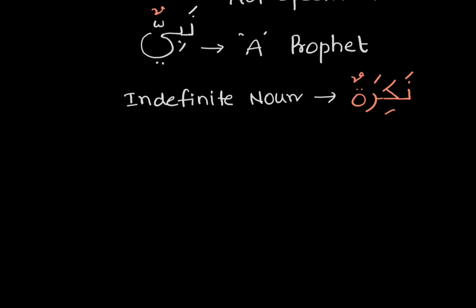Now we'll revise what definite nouns and indefinite nouns are. Suppose I take the same example, Rasulun. Rasulun ends with a tanween. So when a word ends with a tanween, what is it? It is an indefinite noun. You can see the tanween at the end, so this word is known as an indefinite noun.